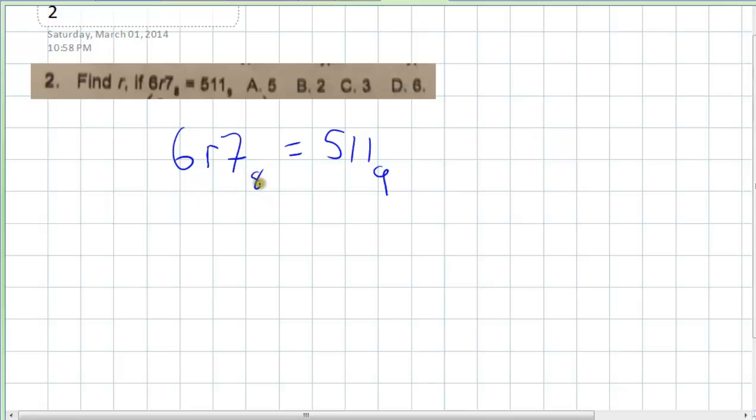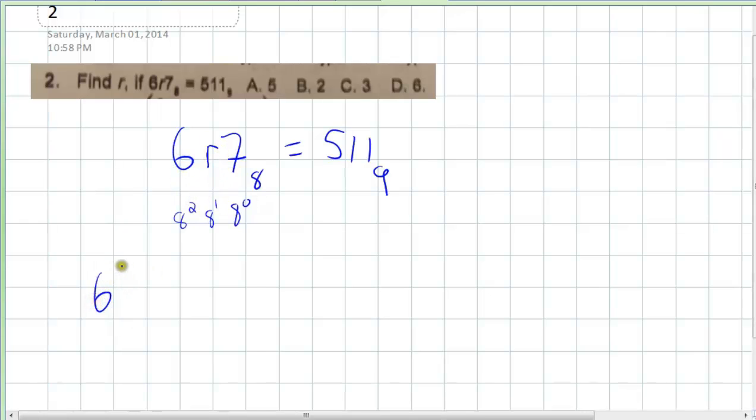So remember that when you have a number to a base, like this, this right here is representing 7 times 8 to the 0 power. This is R times 8 to the 1 power, and this is 6 times 8 squared. So essentially what you're going to do is just multiply these and add them.